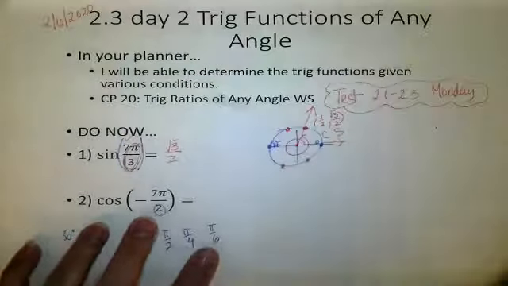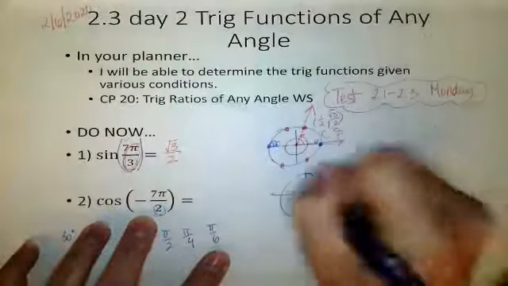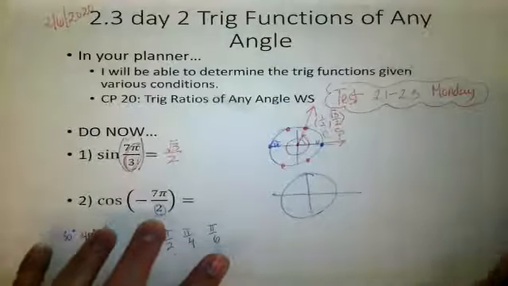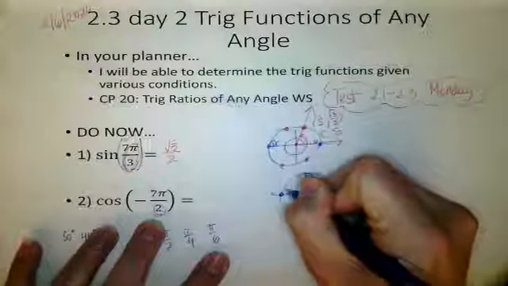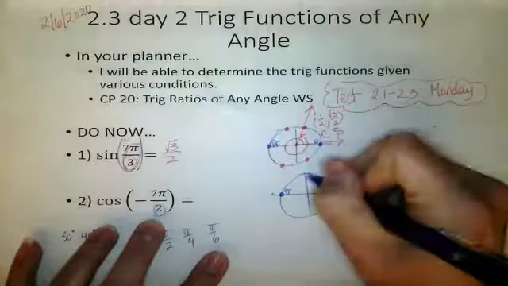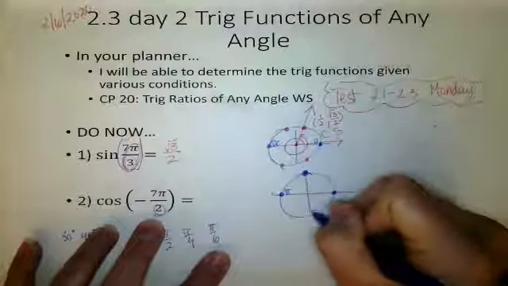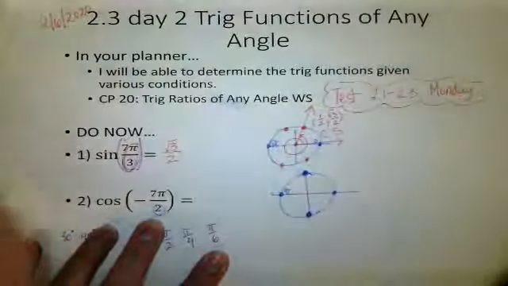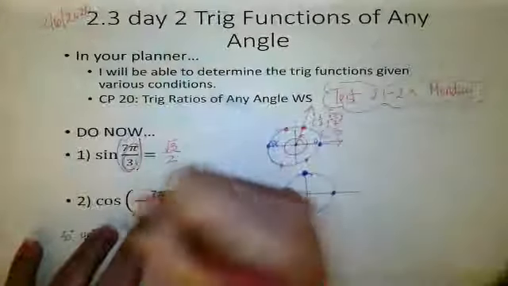Down here, cosine of negative 7 pi over 2. Again, that's a friendly angle. So I'm going to draw the angle. Where's pi? What are we dividing pi into? 2. 2 pieces on top and 2 on bottom. What does the negative tell me to do? Reverse.